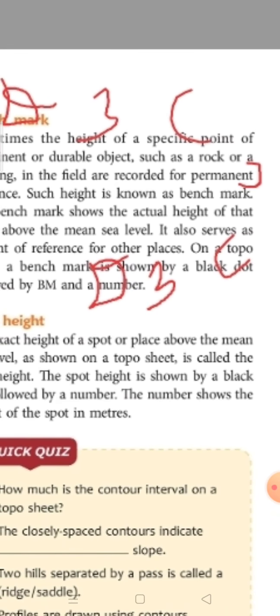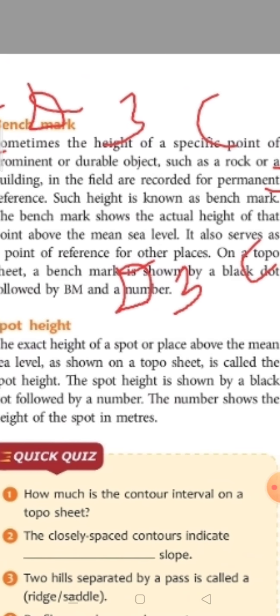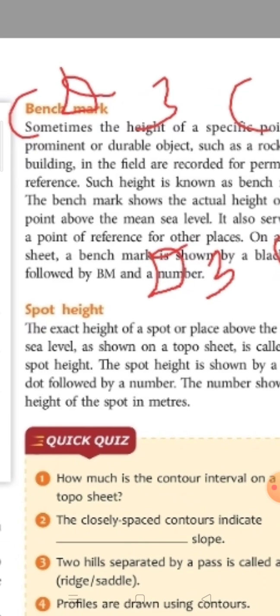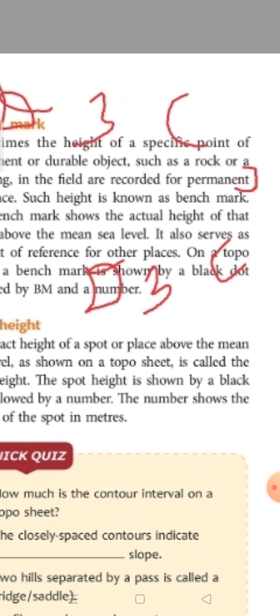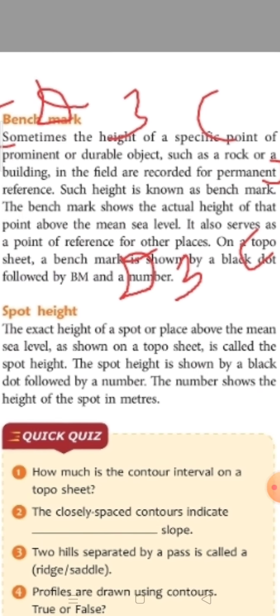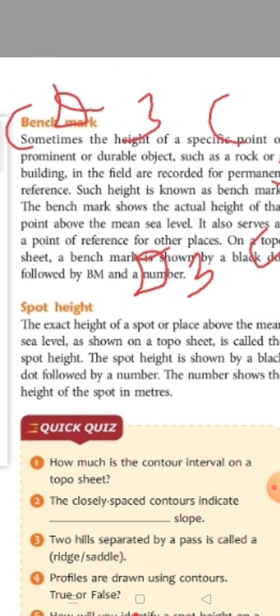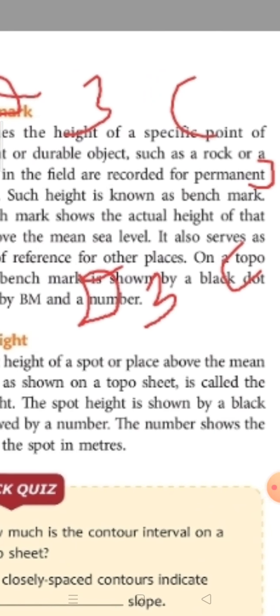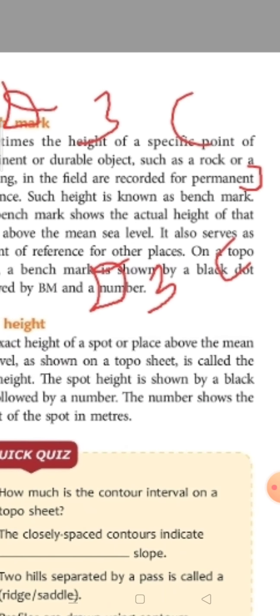Sometimes the height of a specific point of a prominent or durable object such as a rock or a building in the field is mentioned as a permanent benchmark. That's all.